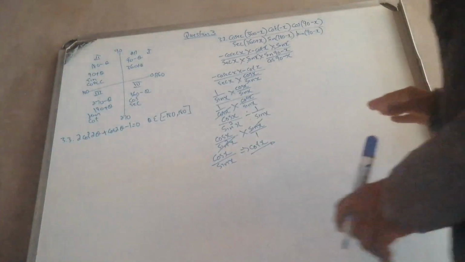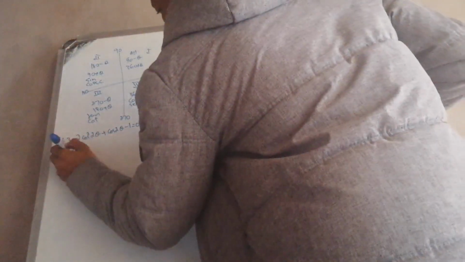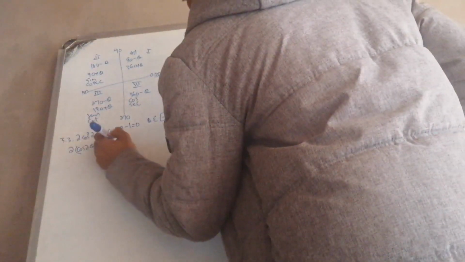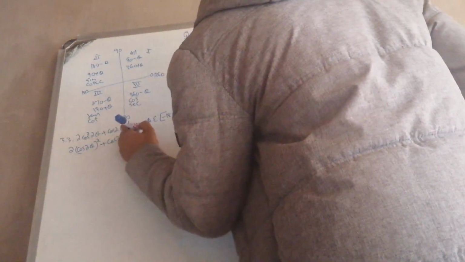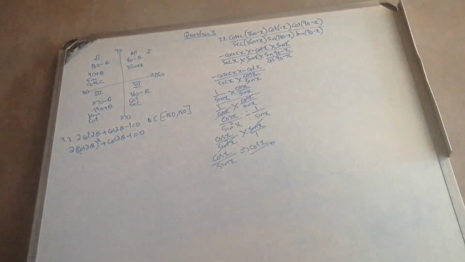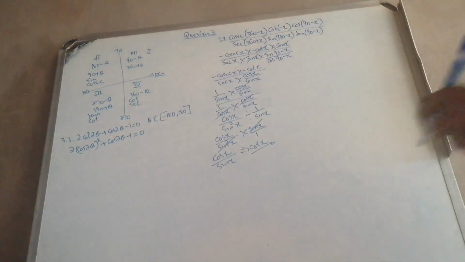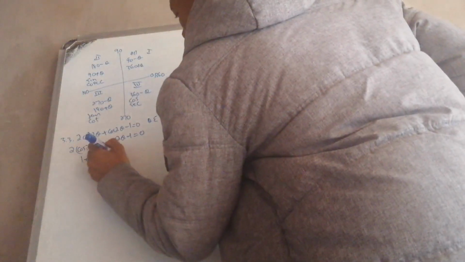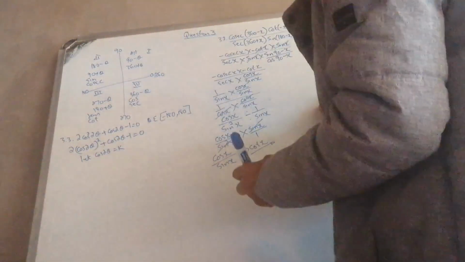So how do we go about solving for theta now? Remember this can also be rewritten as 2 cos 2 theta, and that is squared, plus cos 2 theta minus 1 equals 0. And I can say let cos 2 theta be equal to k.